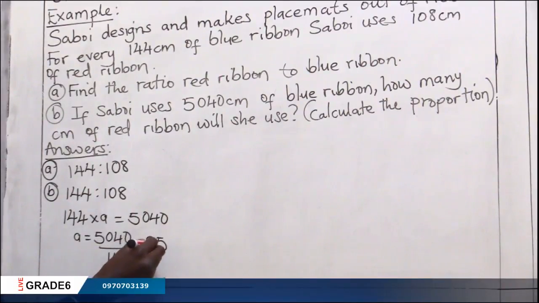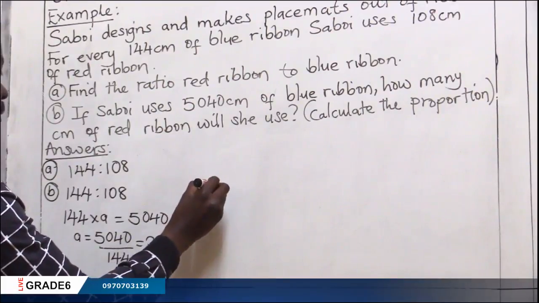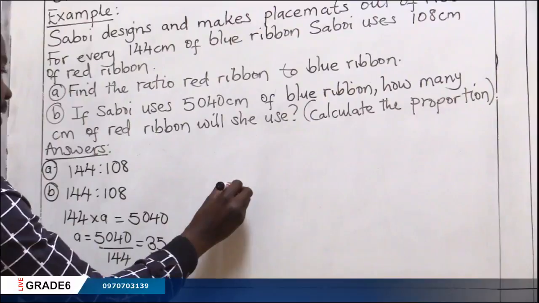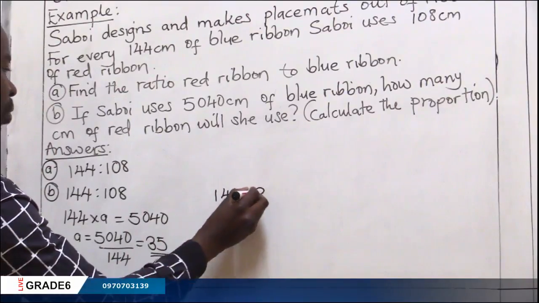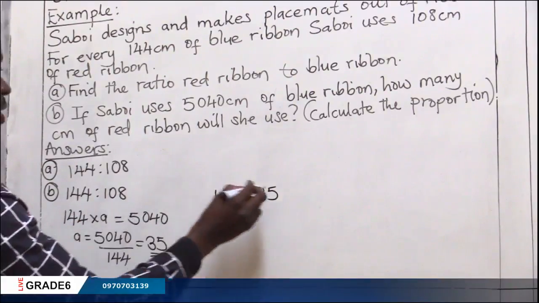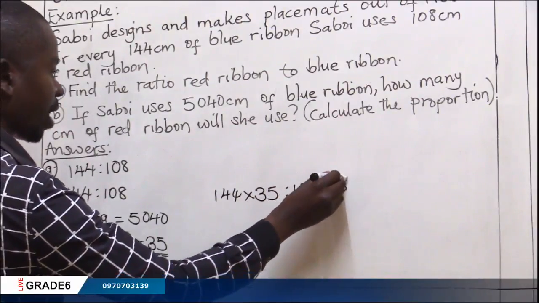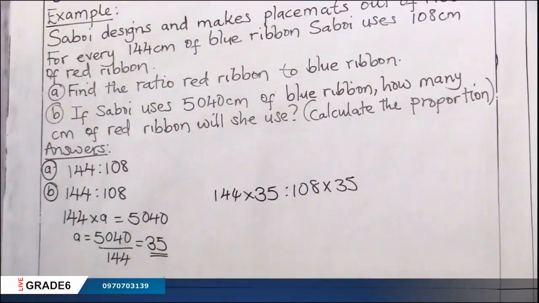If you ask yourself how many times 144 goes into 5,040, it goes 35 times. So our ratio is 144 times 35. Then again we get this 108 for the red ribbon. So we are going to say 108 times 35, in order for us to find the figure for the red ribbon.